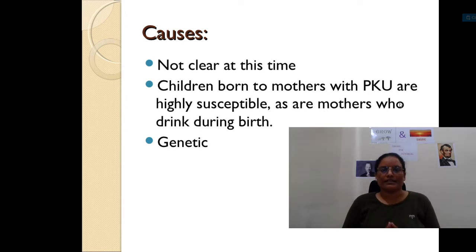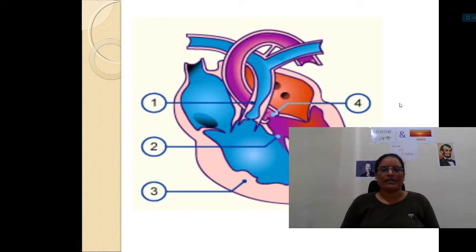Because of that, after birth, the brain of the child may become damaged or other conditions may happen. Then genetics: if this cardiac disease runs in the family, that is also one of the reasons.